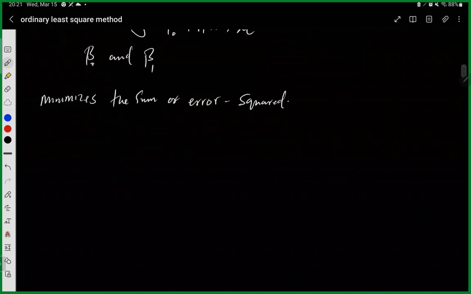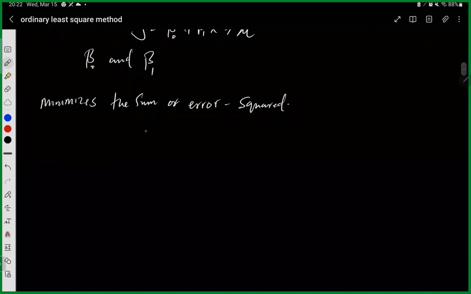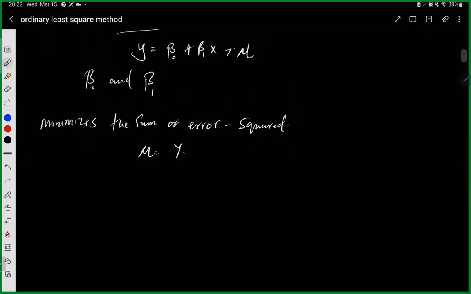What is the error? Like I mentioned yesterday, the error is simply the difference between the actual and the estimated. Remember that the estimated y is the same as beta naught estimated plus beta 1 estimated x.